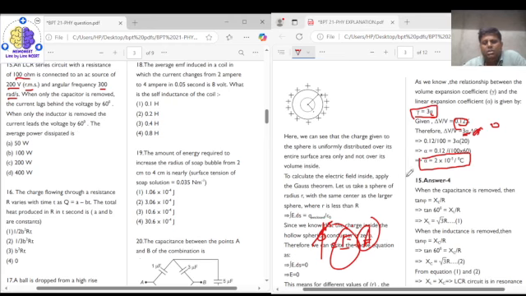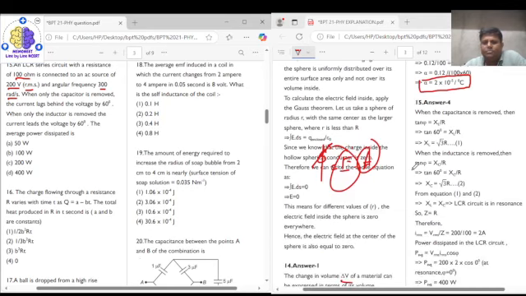Now see, tan phi. From where are we getting this tan phi? We are getting this tan phi from the impedance triangle, which says that if this is a right angle triangle, then this will be your impedance, this will be VL minus VC, basically the difference between VL and VC, and this would be equal to your R. And this will be the angle phi, right?